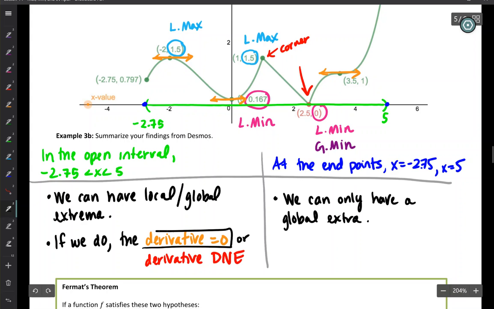They're places where the derivative is 0 or undefined.